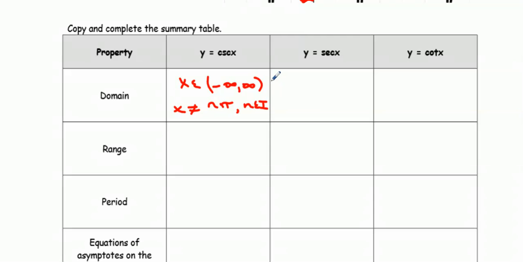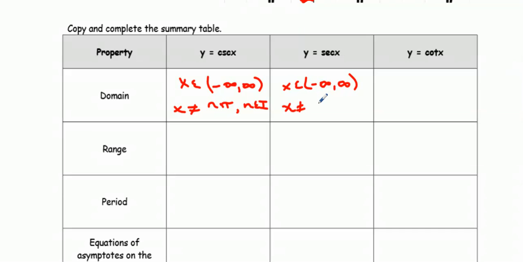Okay, so you're going to say it's all possible except the asymptotes, and we've given the equation of the asymptotes here. For sec, which is related to cos, the zeros are at pi by 2 and at 3 pi by 2, etc. So again, we would have x as an element of negative infinity to infinity. And x cannot equal, now do you remember how we generated the odd number coefficients?